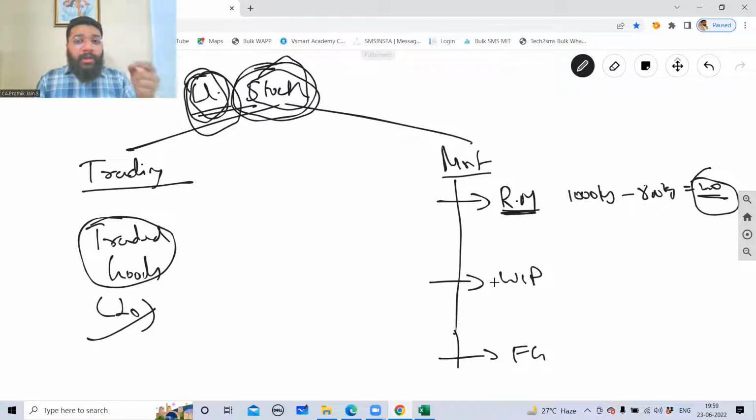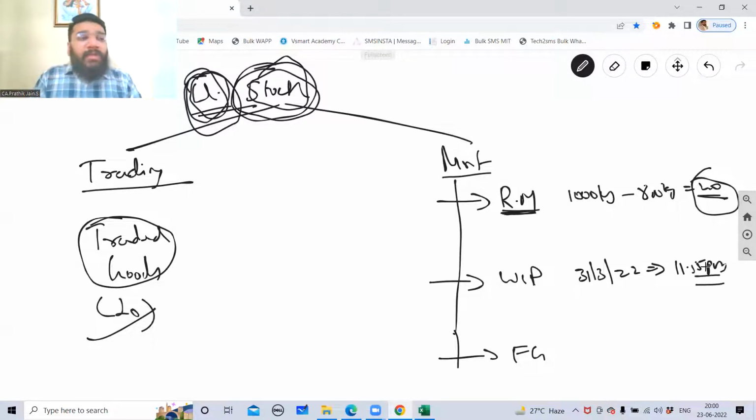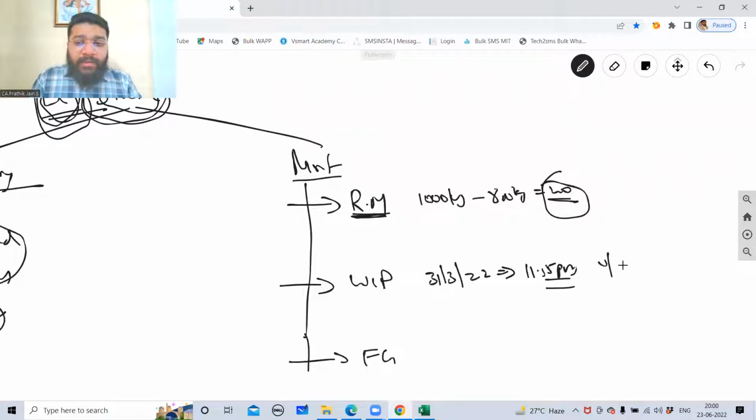But suppose you're mixing all the ingredients together and you've formed a batter. By the time you mixed all the ingredients, it is 31st March 2022, midnight, 11:55 p.m. After that, at 12 a.m., it becomes the next day, which is 1/4/2022.